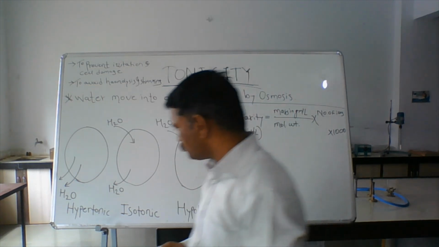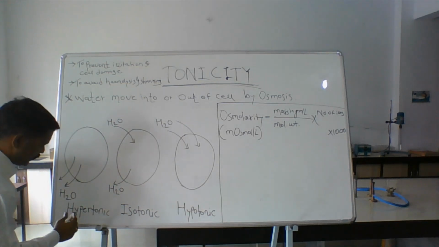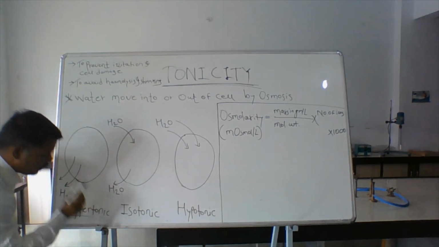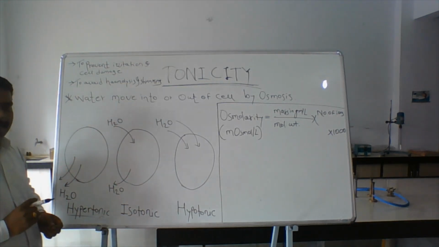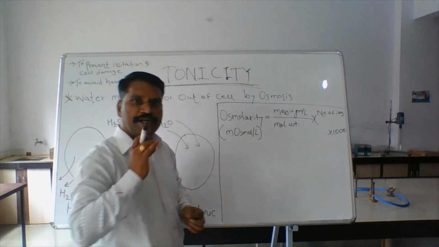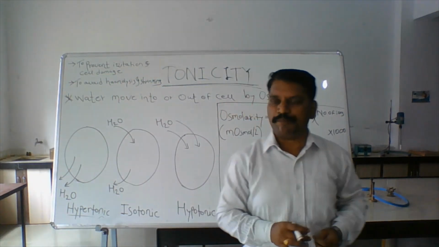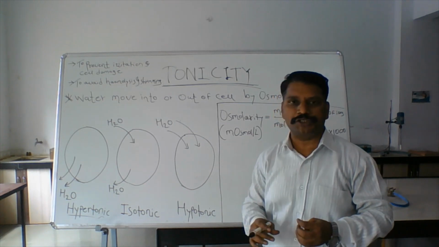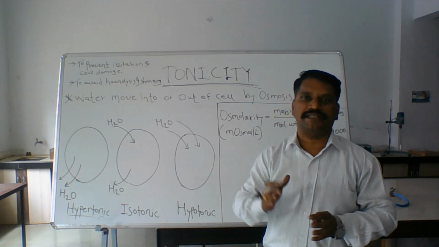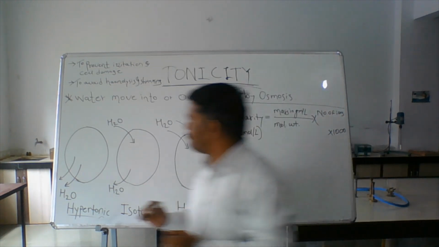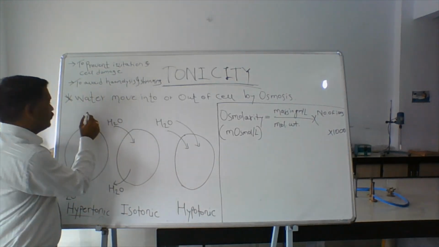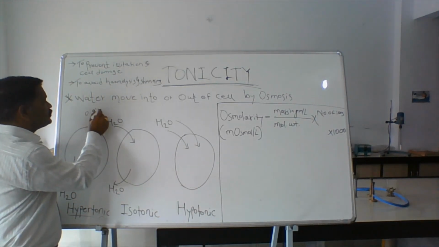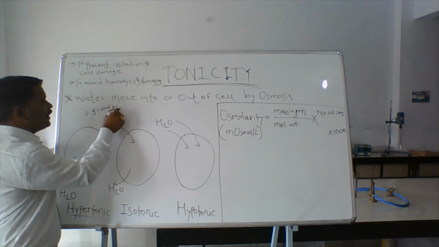See, the first example, hypertonic solution. It means the osmotic pressure of the solution is higher than the osmotic pressure of 0.9% weight by volume sodium chloride.